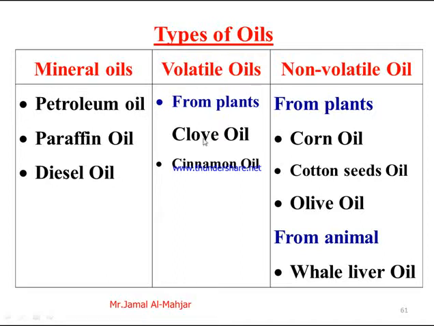For the volatile oil, from the plant we have clove oil and cinnamon oil. Non-volatile oils we have from the plant corn oil or cotton seed oil or olive oil. From animals we have whale liver oil.